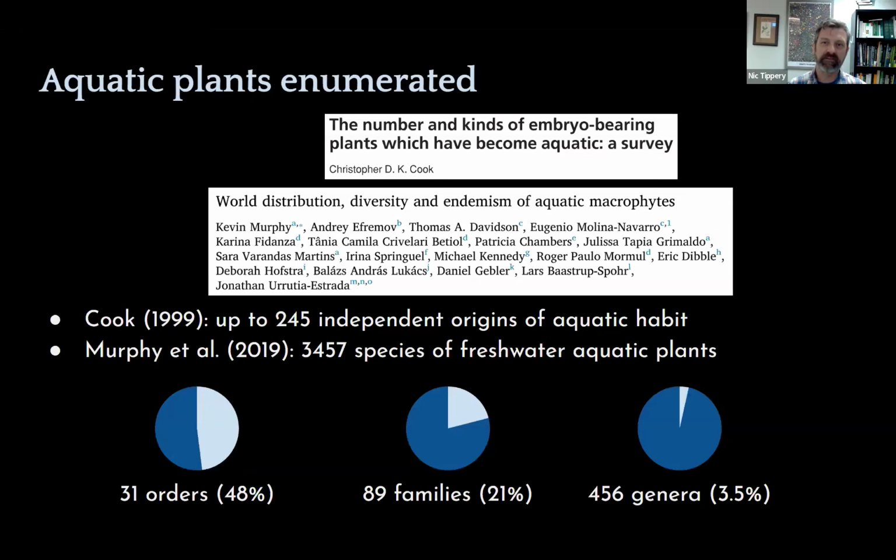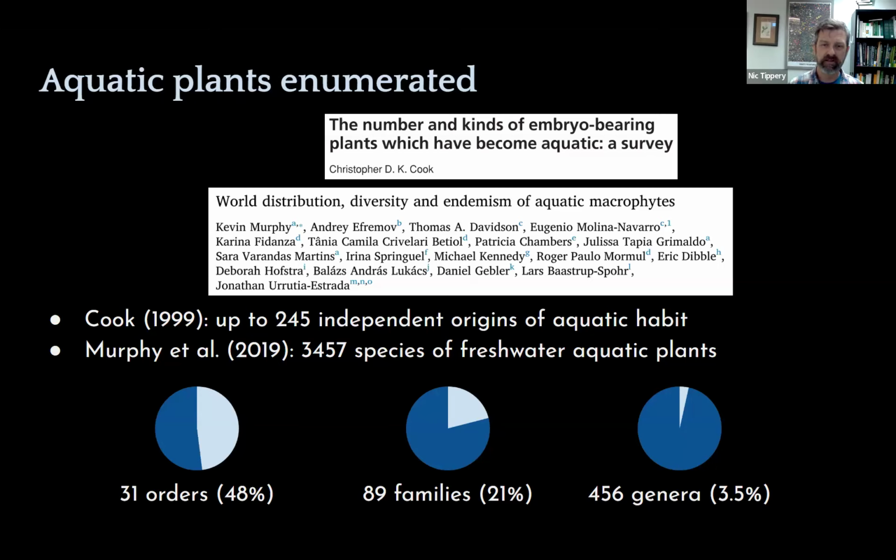A reason to suspect a pattern is maybe that there were global changes in environment in certain places, and you could say maybe some environments favored aquatic plants at different times in the past. Shown at the bottom here is the taxonomic distribution of aquatic plants. They're widespread across about half of the orders.